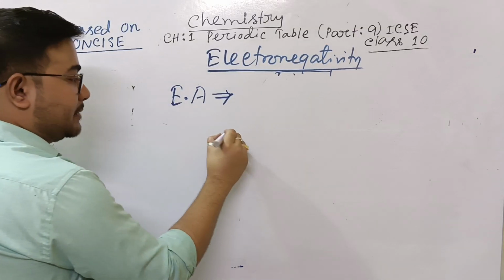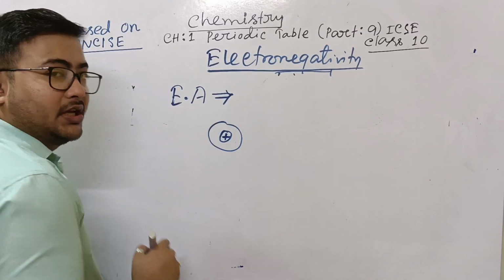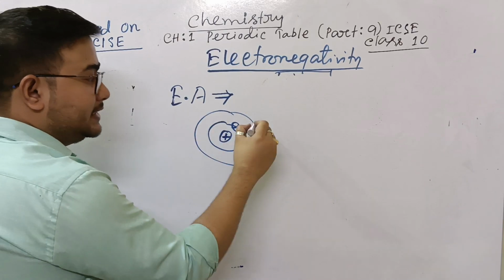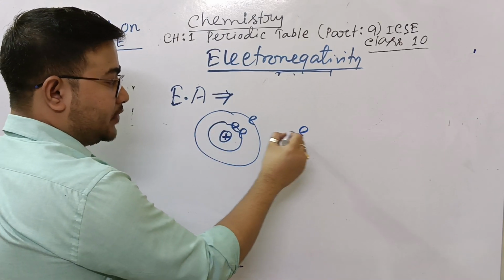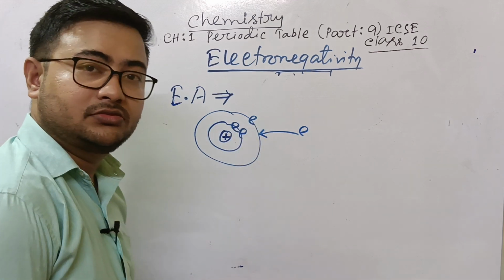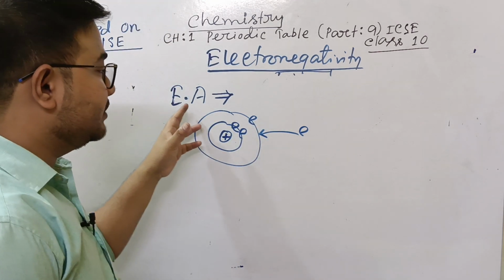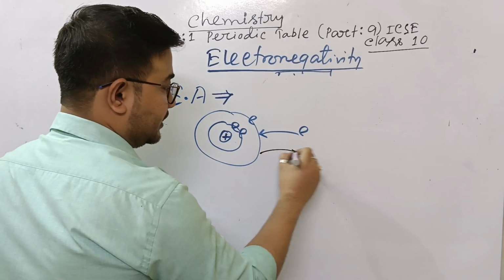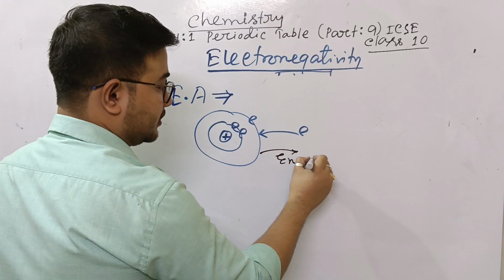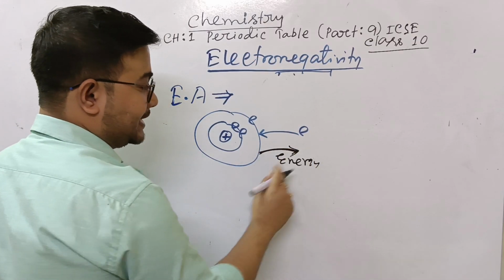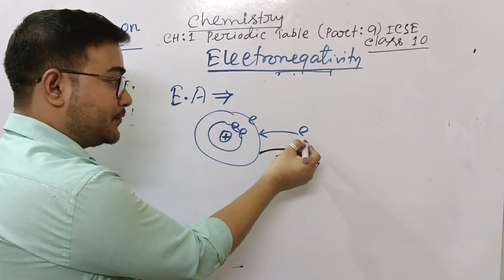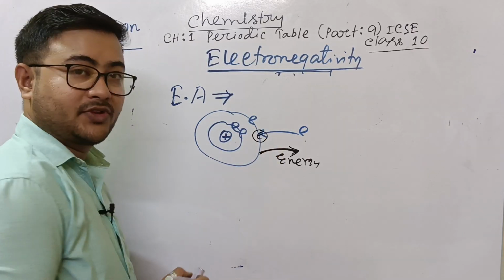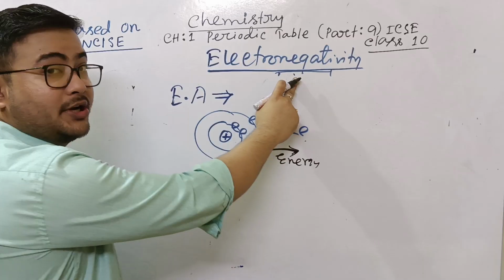Suppose it is an atom. Electron affinity means the addition of a new electron in this orbit. So electron affinity means energy is released, this is the sign of release, when an electron is added in this orbit.